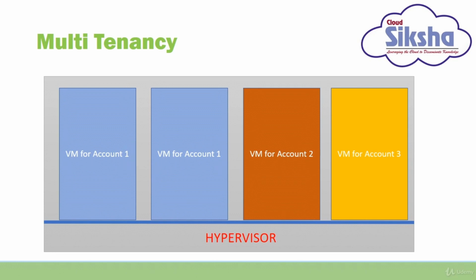On the same hypervisor, there would be another virtual machine running which could belong to a different person. In other words, you are multi-tenanted there. You are one tenant, there is somebody else who's another tenant. So this diagram shows there are two virtual machines of account number 1, then one virtual machine for account number 2, and another virtual machine for account number 3.